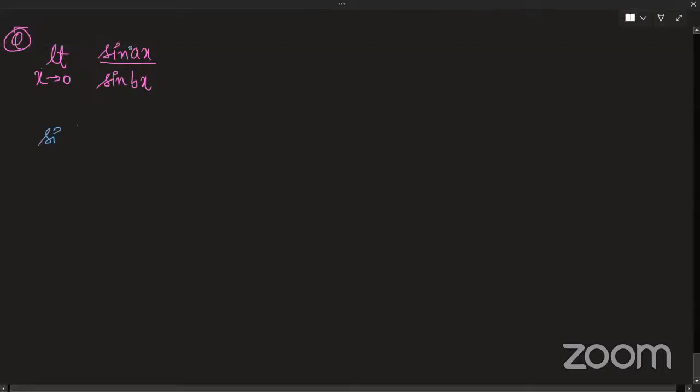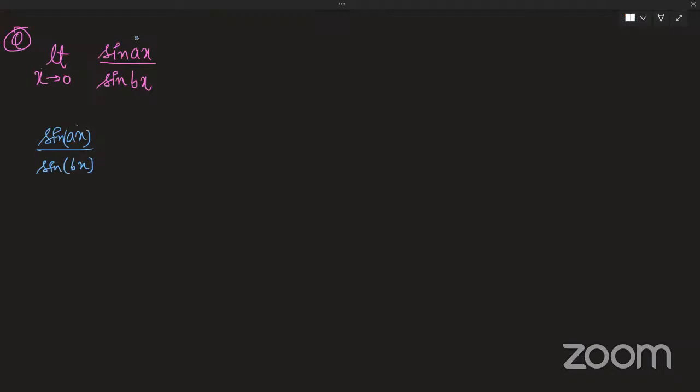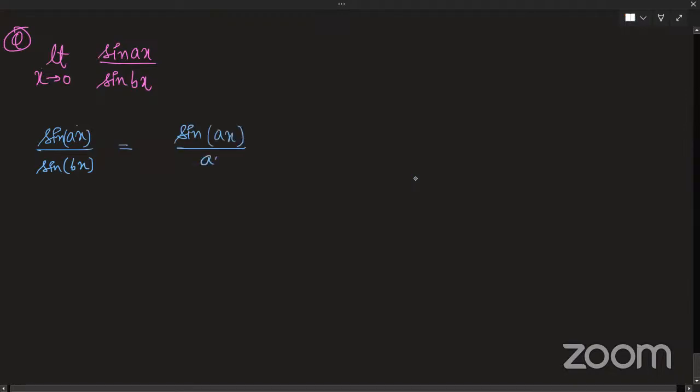So I have sine of AX by sine of BX. I can multiply and divide by x, so I can write sine AX by AX whole by sine BX by BX.